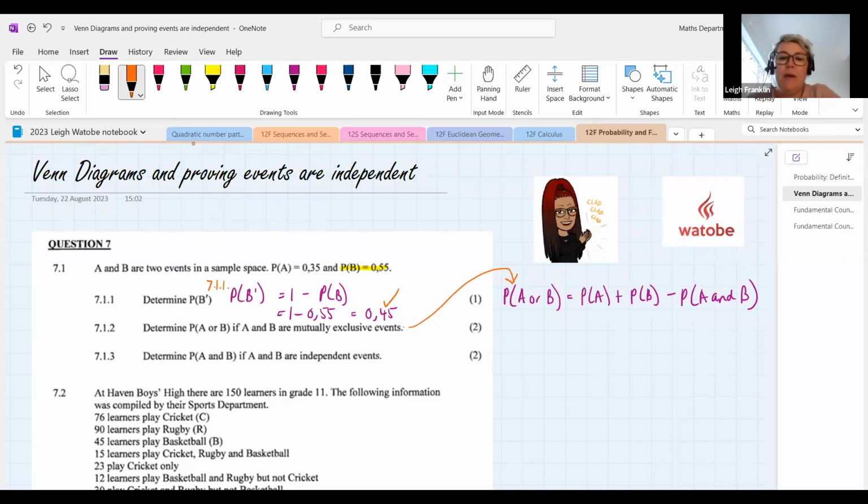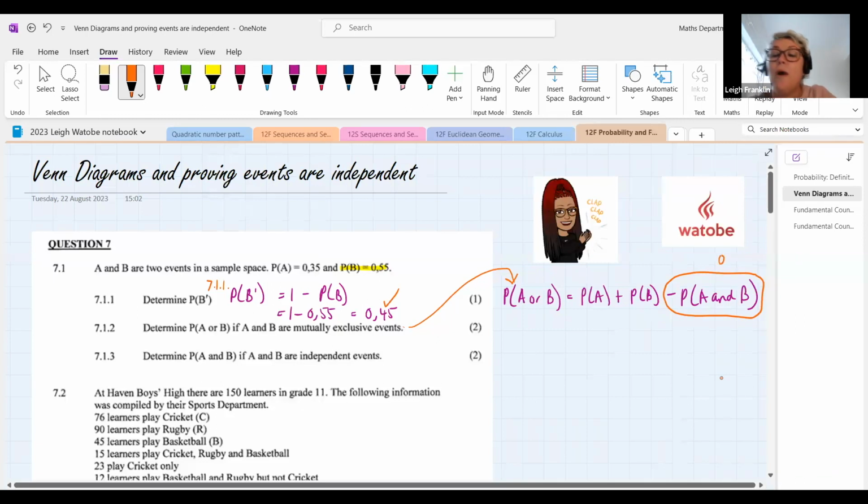Can anybody remember? There we go, Gugu. Well done. Perfect. Yes, and Nhlanhla, quite right. Both of you are correct. So for mutually exclusive events, because there is no intersection, this term over here has a value of 0. Quite right.